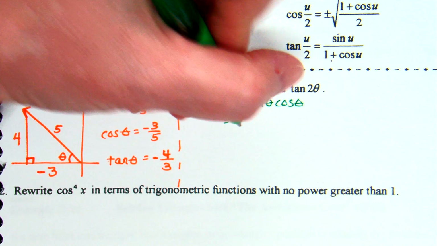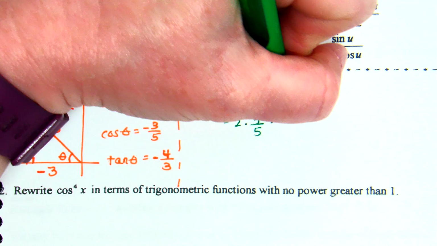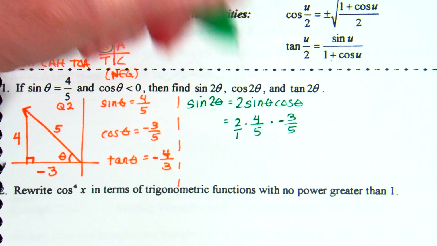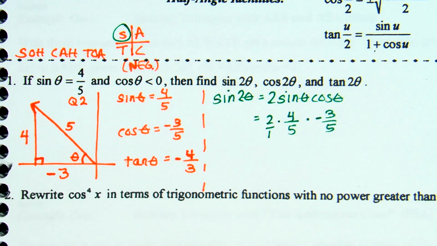So 2 is 2. What was sine theta? 4/5 times cosine theta, that was -3/5. If you want, 2 as a fraction is 2/1. It's mental math, in my opinion.